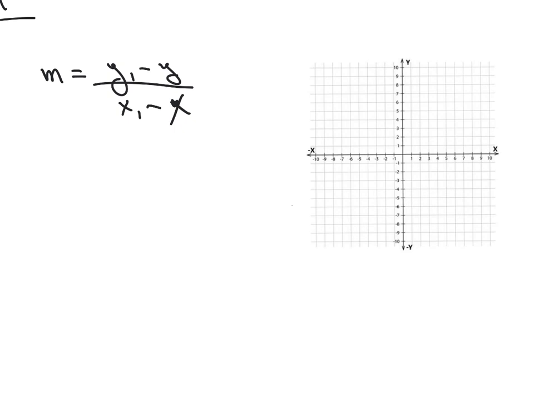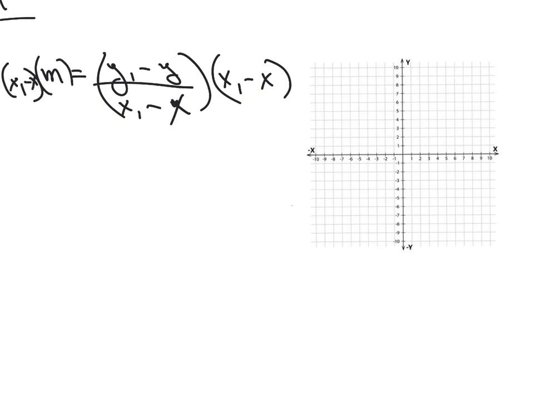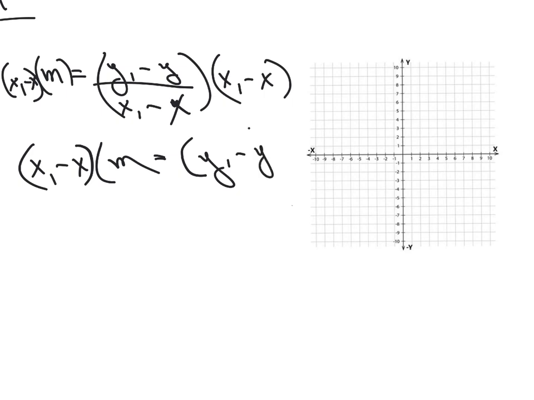And so the other form is if you were to multiply to get rid of the fraction, so to get rid of that denominator, and you multiply both sides by that, you get x1 minus x times m equals y1 minus y. And you get that there. That is called the point slope form. And the reason that we call it the point slope form is sometimes you're not given the same information as you are on other problems.